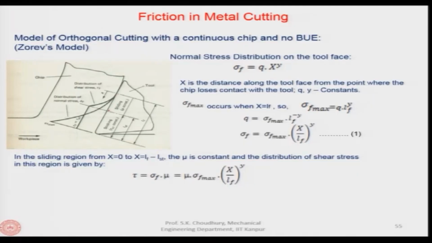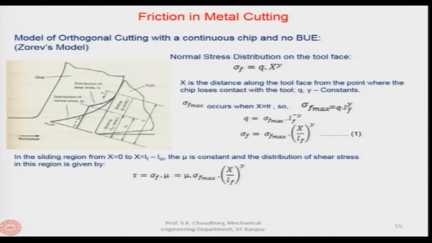So, this zone from here up to the point where the chip loses contact with the tool is called the sliding zone, and from the tip of the tool, here, it is called the sticking zone.